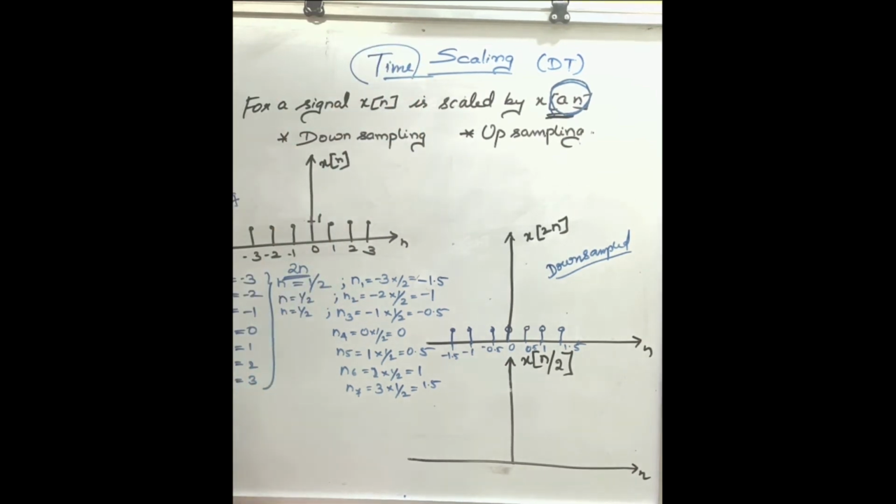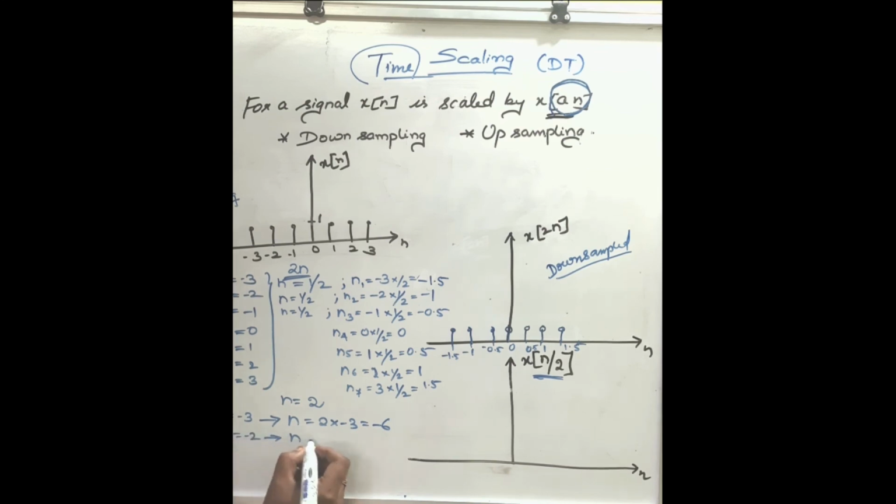The next is upsampling. Here we have considered x of n by 2. When we say x of n by 2, your n becomes 2. Now multiply this 2 with the values of the initial n. That is n1, the original was minus 3, but the new n value is 2 into minus 3, that becomes minus 6. n2 original was minus 2.